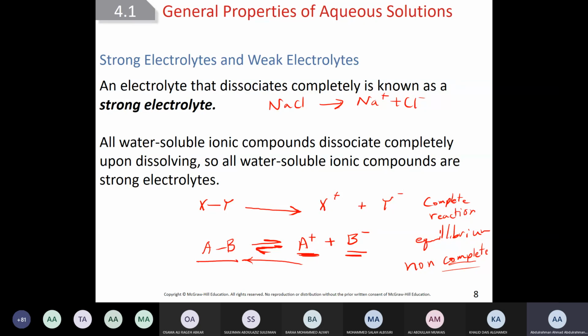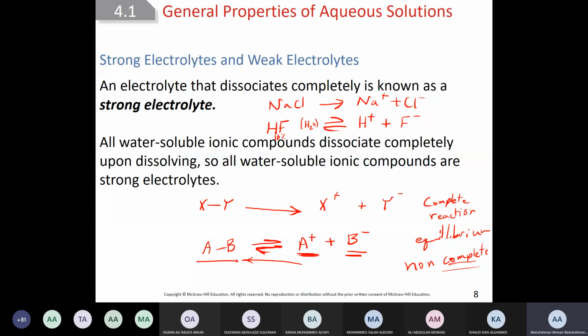But if you put other things, for example HF in water, what will happen? It will give you H+ and F-, but only about 10% of this will decompose, and 90% will stay as is.